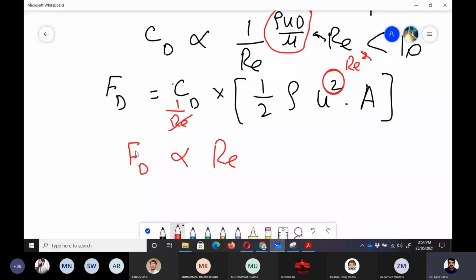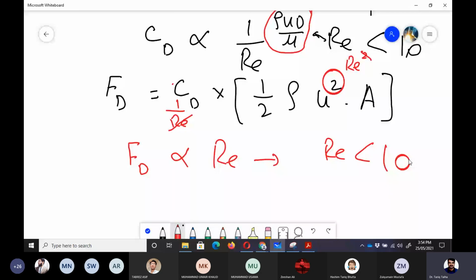Because instead of CD we have put 1 upon Reynolds number, but there is a velocity square, which is proportional to Reynolds number square, so 1 upon Reynolds number would be cancelled with this Reynolds number square, and the total drag force on the object would be directly, linearly proportional to Reynolds number when it is less than 10. Is it clear, Usama? And for that matter, everyone.